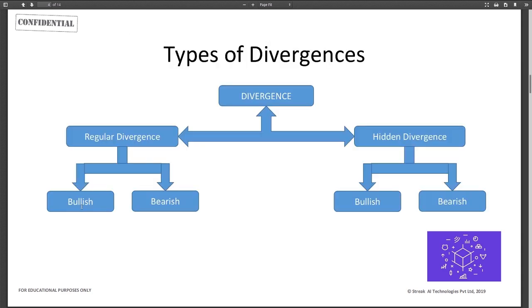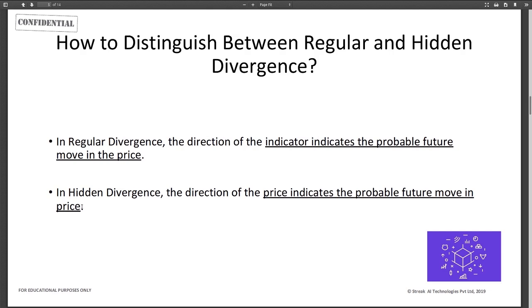So we covered that there are two kinds of divergence: one is regular and one is hidden. What is the difference between them? I have underlined the point here, which is very simple. In regular divergence, the indicator indicates the probable future of the move in price.